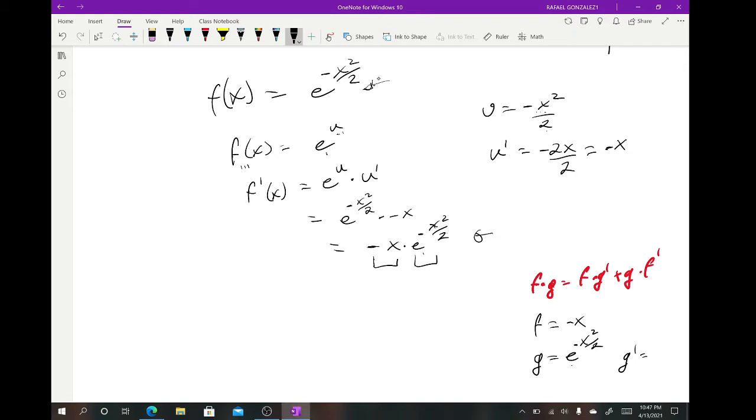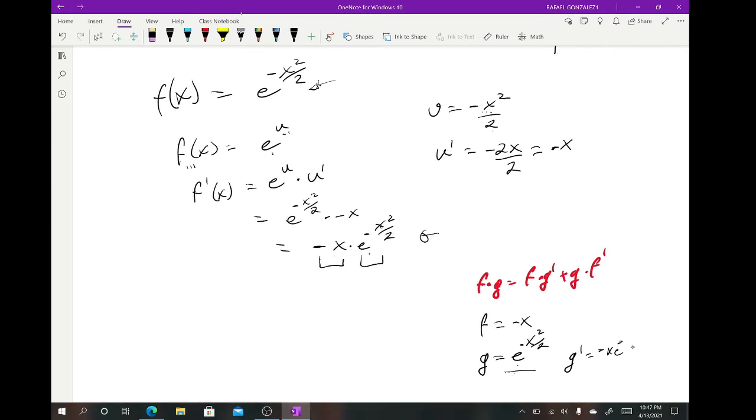So the derivative of f of x, which we're calling g down here, is negative x times e to the minus x squared over 2. So we already did this piece of work. So we only have to worry about the derivative of f, which is just minus 1. So we are good to go.